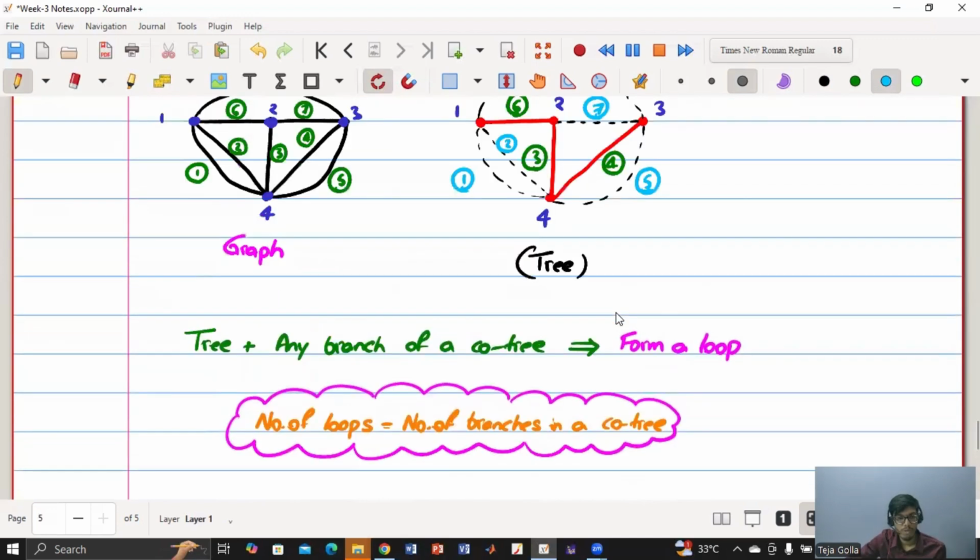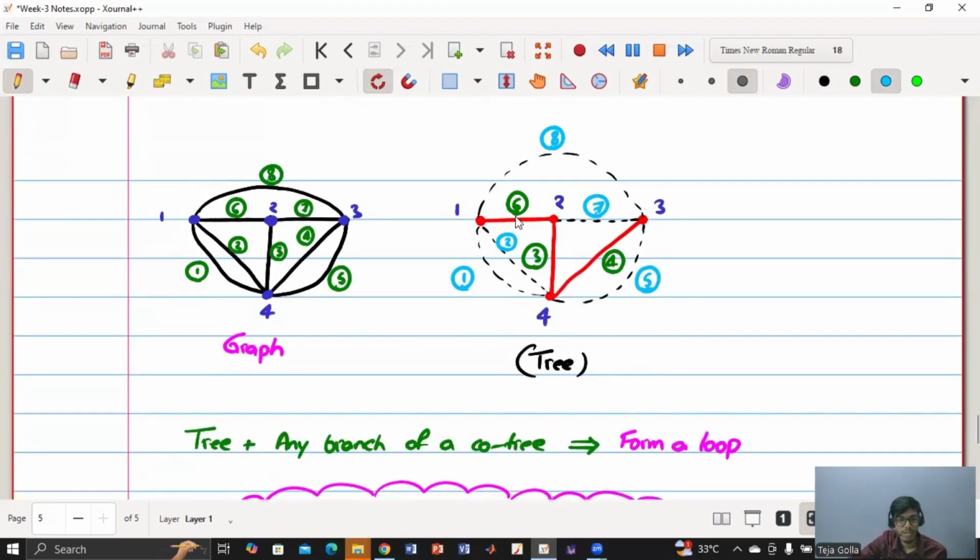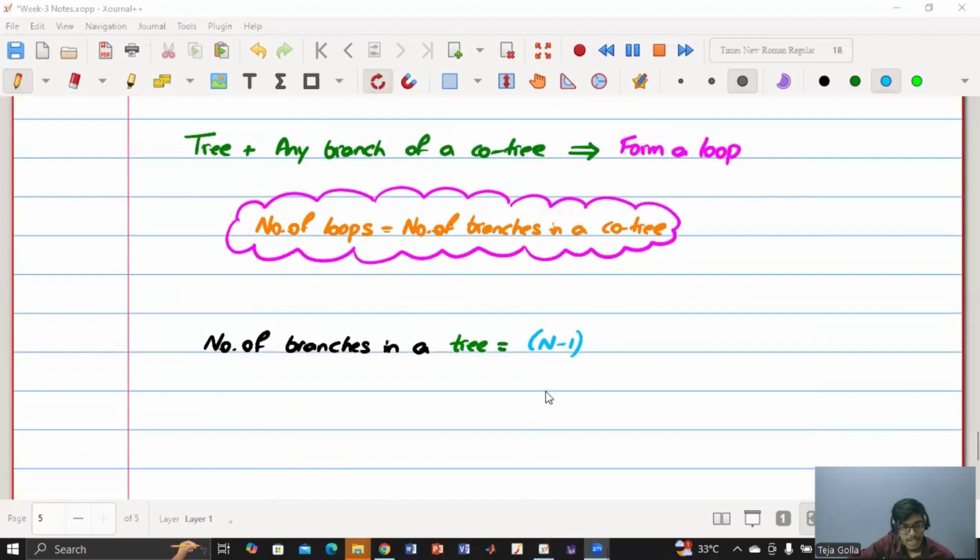Understood? Because we are connecting the branches between the nodes, it is always 1 less than the number of nodes. Agree? Okay, so the number of branches in a tree is n minus 1.